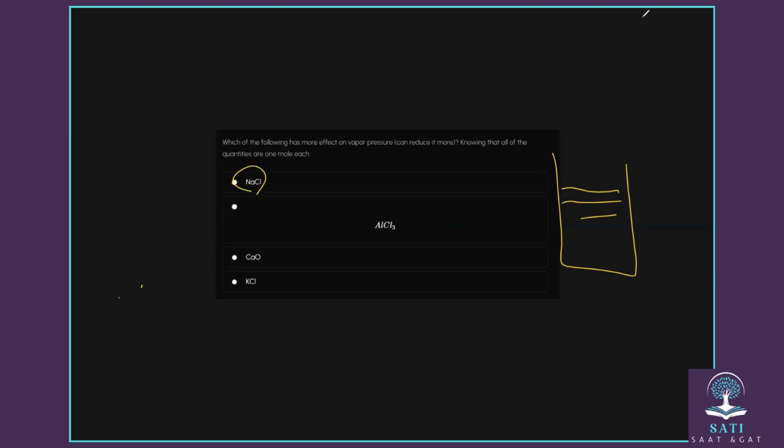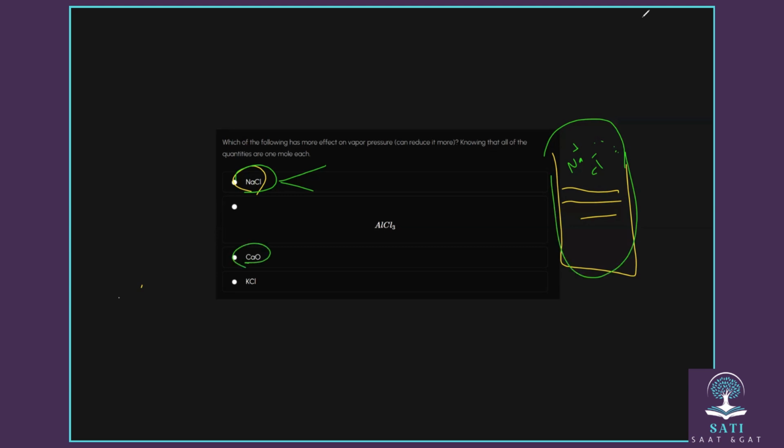When NaCl is dissolved into ions, it's going to be Na plus and Cl negative. So when this one is dissolved, we'll get 2 ions of solute inside the whole solution.